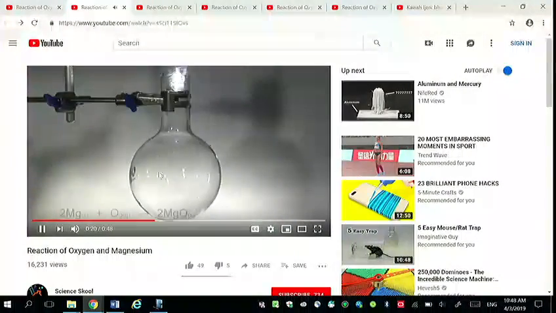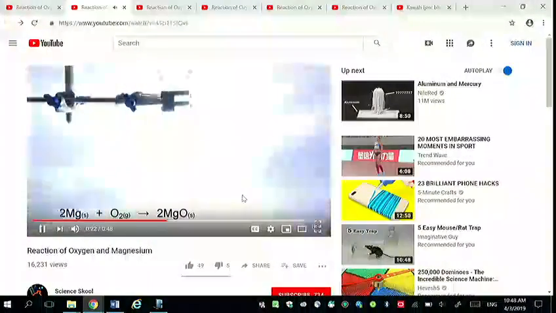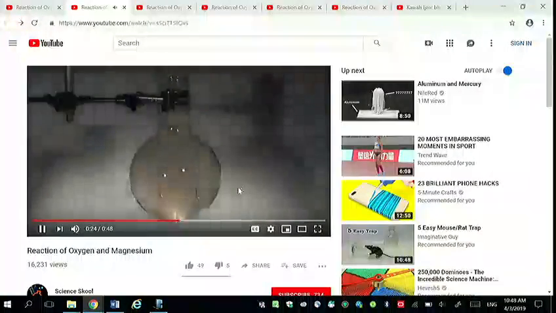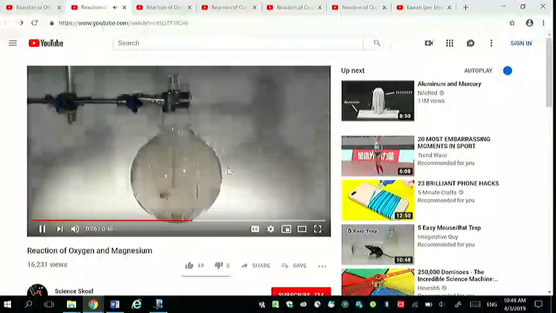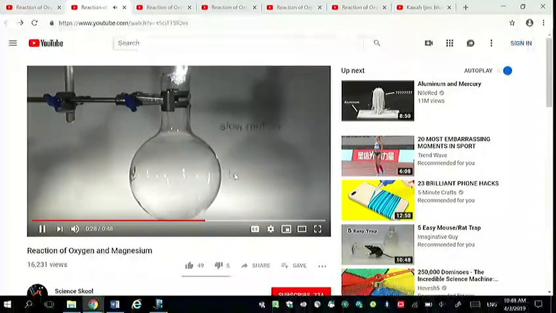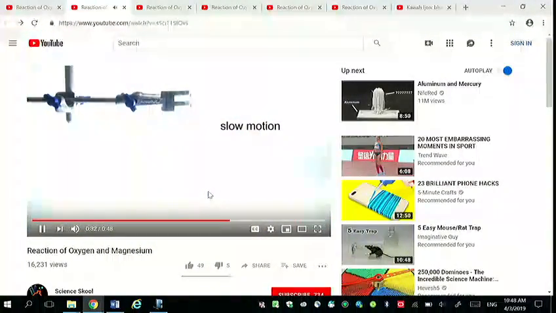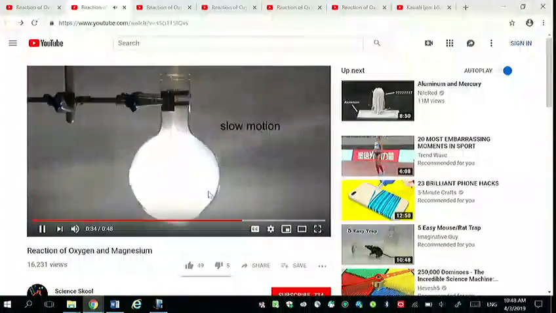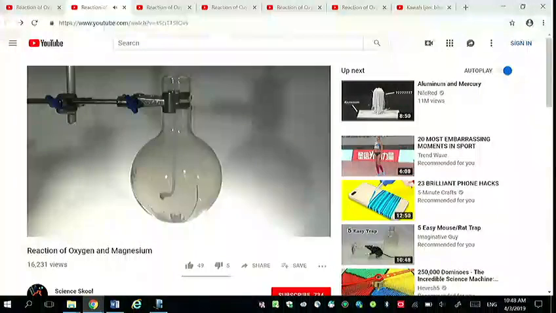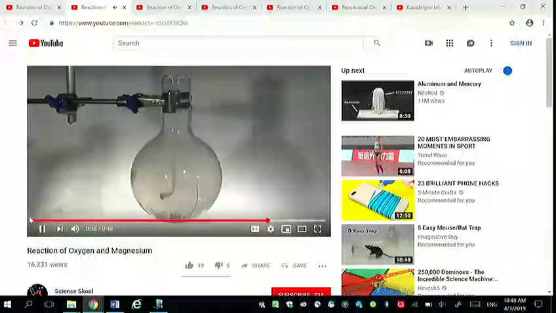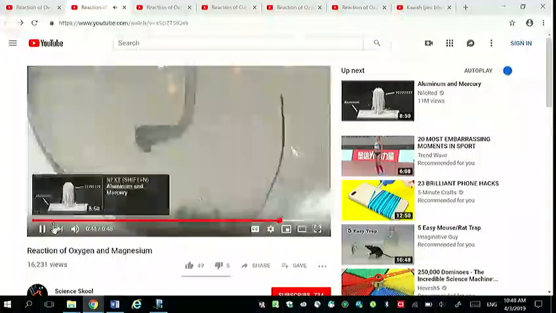This is containing oxygen inside. It's very bright, so that is your bright white flame. Really very bright. So you need to memorize this color: bright white flame. Magnesium reacts with oxygen to form magnesium oxide, a white solid.